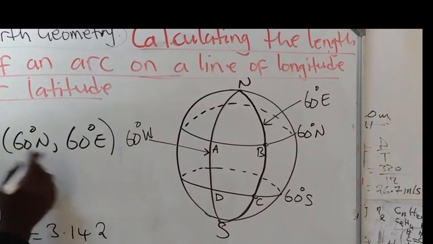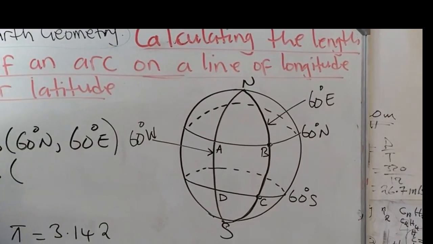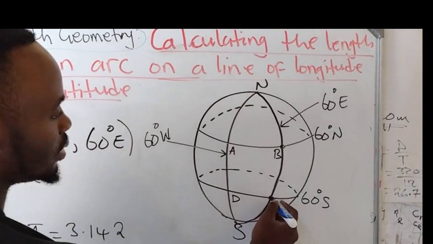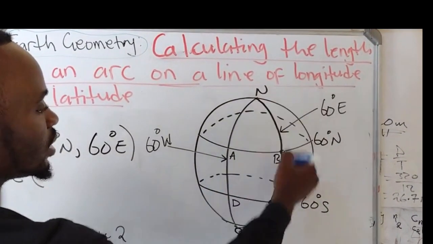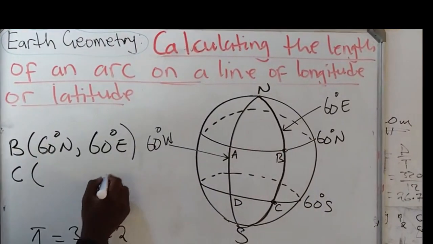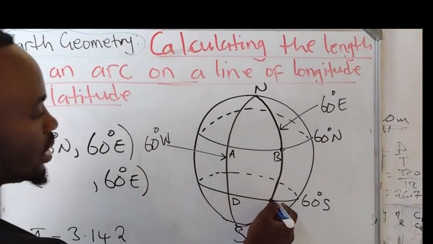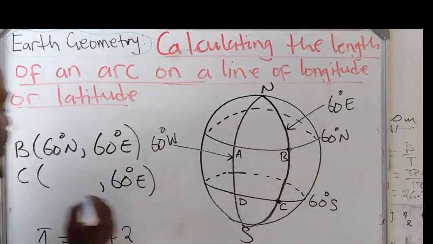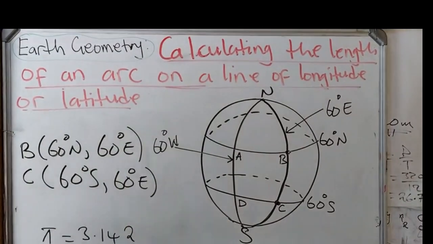We did this in lesson 1. Then we come to C. The point C is here. B and C are lying on the same longitude, so again it is 60 degrees east. For latitude, C is lying on 60 degrees south.